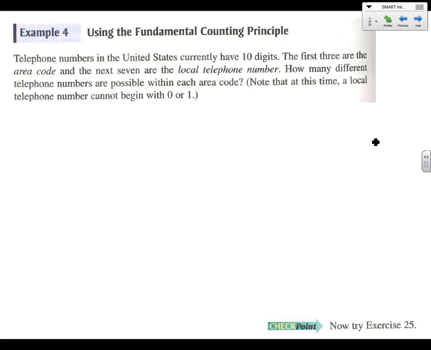All right, so our first number, and I like to do this, I like to have placeholders for all my options. So there's my first 3, and then the next 7 of my phone number. All right, since we can't use a 0 or a 1, there's 8 options that could go there.